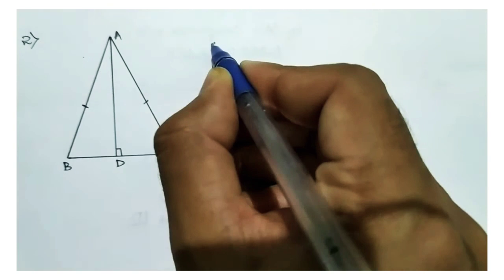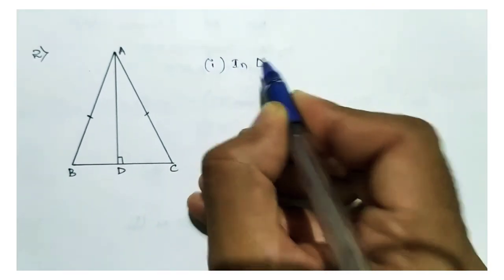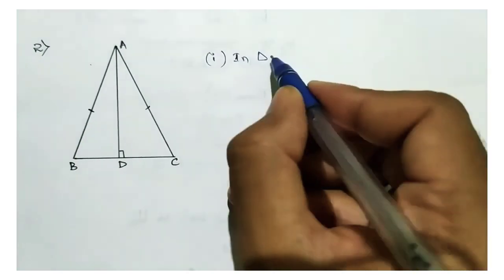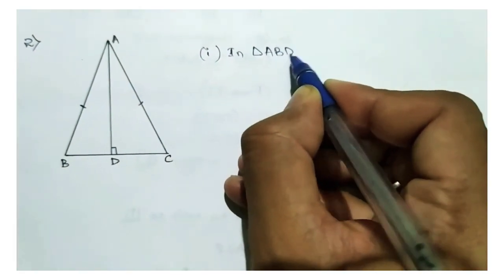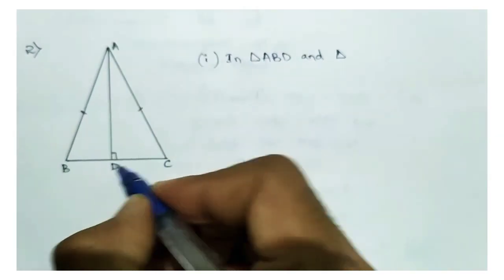So for the first thing, take triangle ABD and triangle ACD.